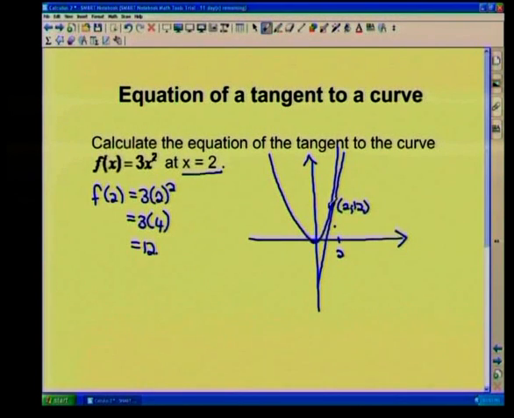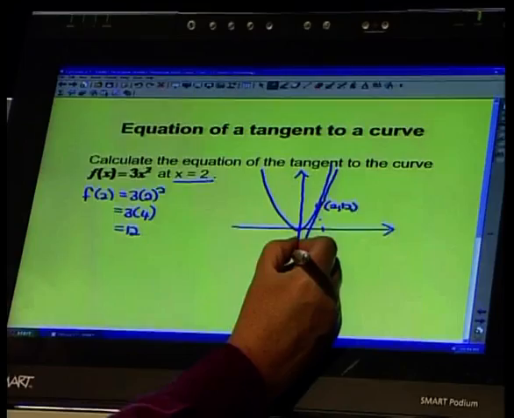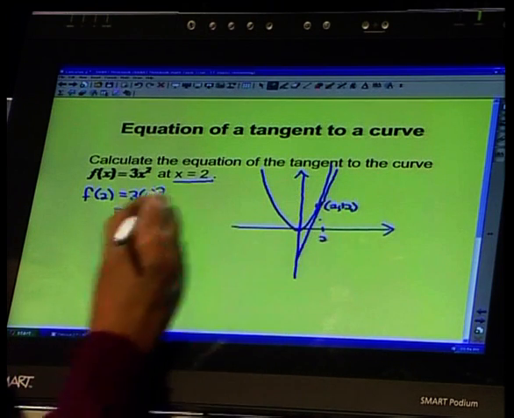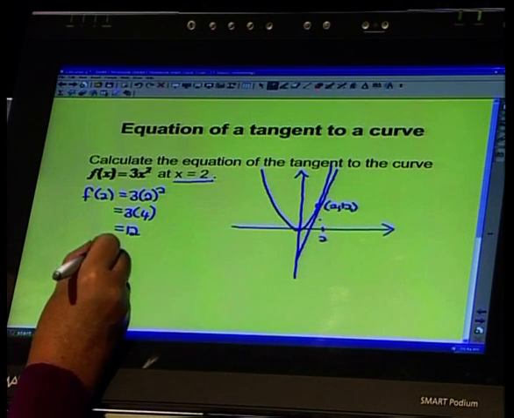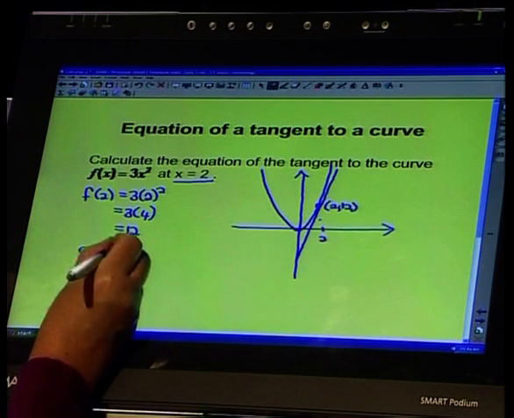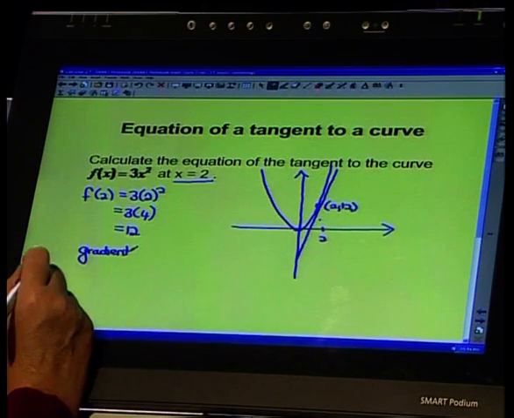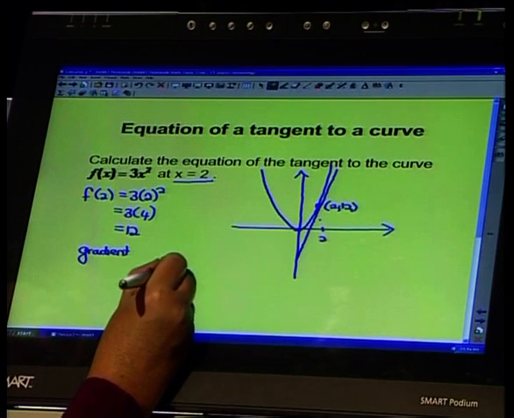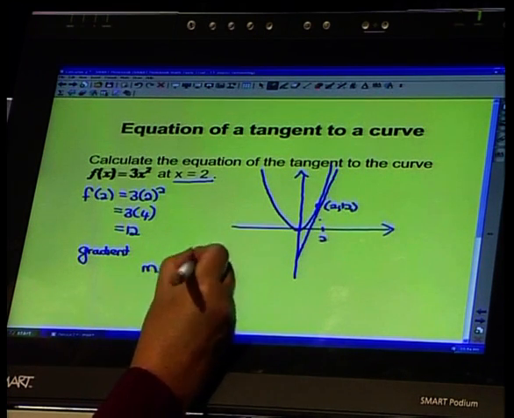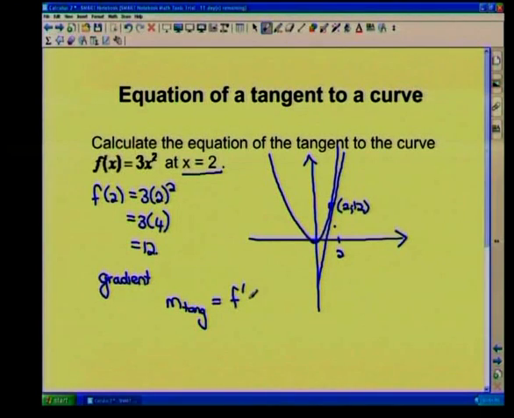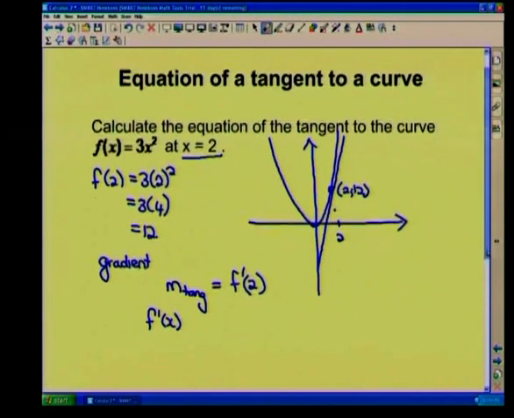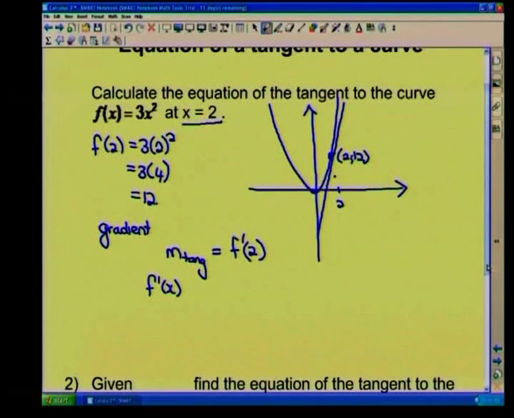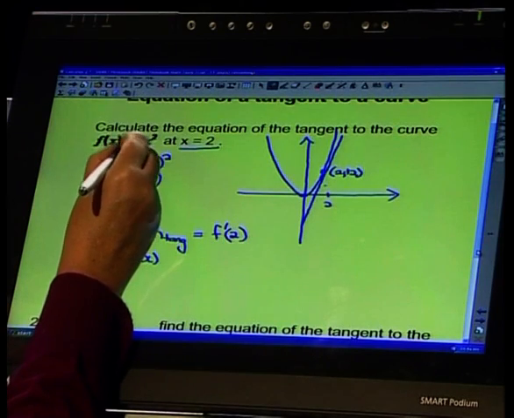Now, knowing that, I need to find this one's equation. As I said to you, to find the gradient, we need to find the gradient of the curve and put it equal to the gradient of the tangent. So the gradient of the tangent equals f dashed at 2. Let's start first of all with f dashed of x. We did some shortcuts last time on how to do this.